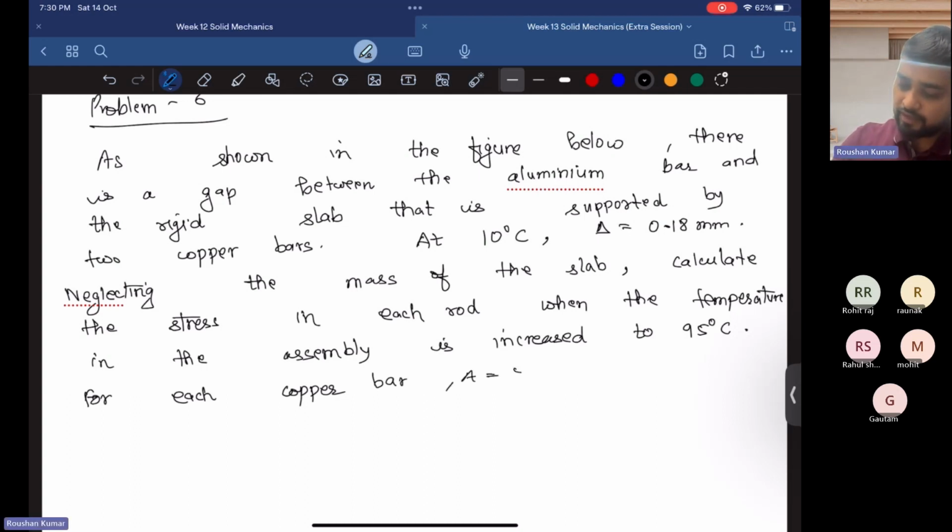For each copper bar, area is given as 500 mm square, Young's modulus is given as 120 gigapascal, and alpha is given as 16.8 micrometer per degree Celsius.